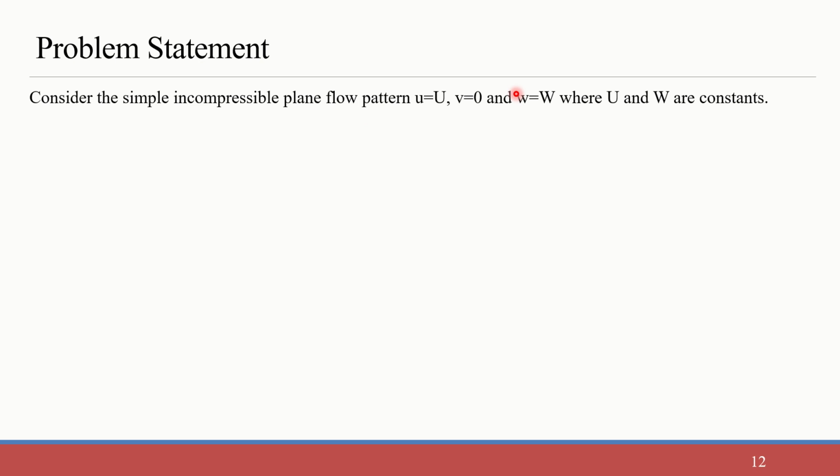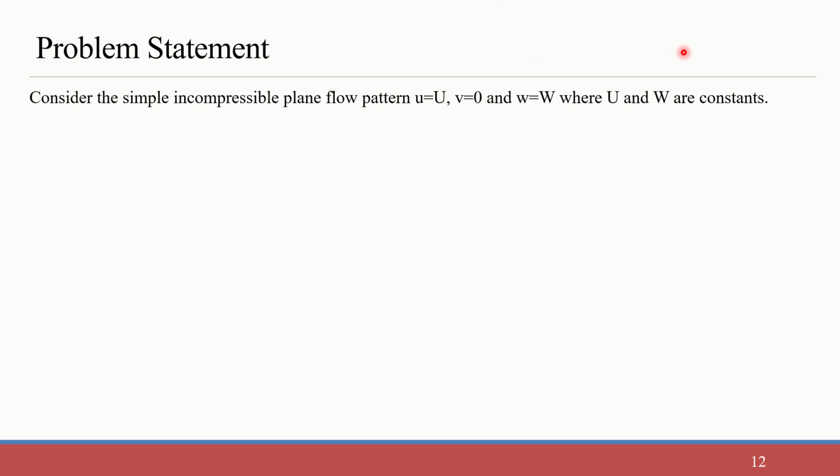So we are given a simple incompressible plane flow where the x component velocity is capital U, the y component velocity is 0 and the w component velocity is capital W. Here U and W are constants, so it is a constant velocity flow problem.